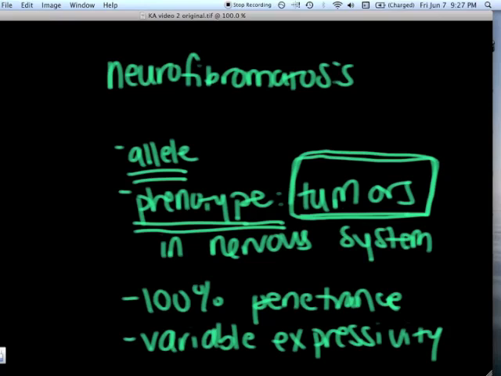If we look at that in a diagram, let's say I'm going to use a purple color to represent this mutation. And remember, we said 100% penetrance, meaning if you have that mutation, you're going to get sick. But the size of my mark here is going to reflect how sick. So the bigger the circle, the sicker the individual, the more tumors they have.